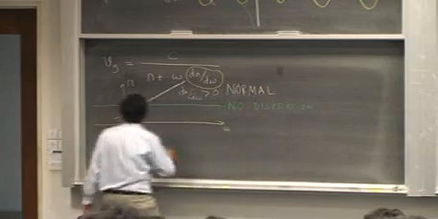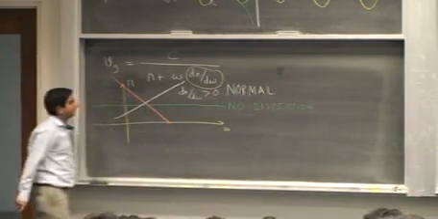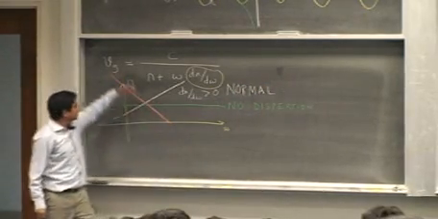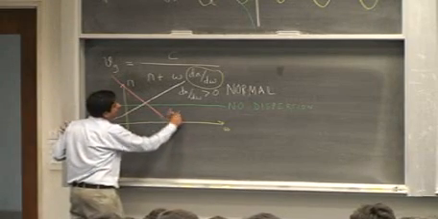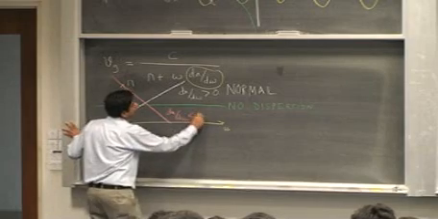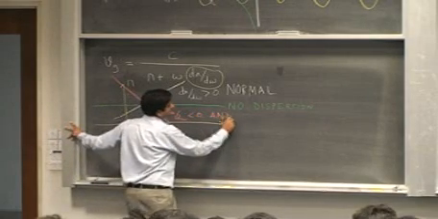And if I have a situation like this, in which as the frequency goes up, the refractive index goes down, this is dn over d omega now negative. This is called anomalous dispersion.